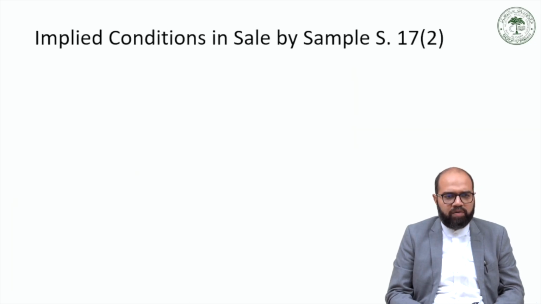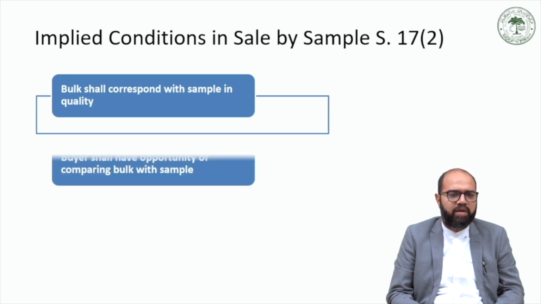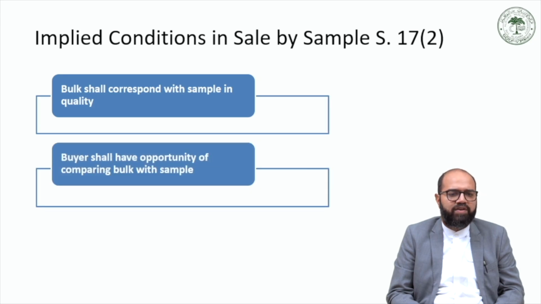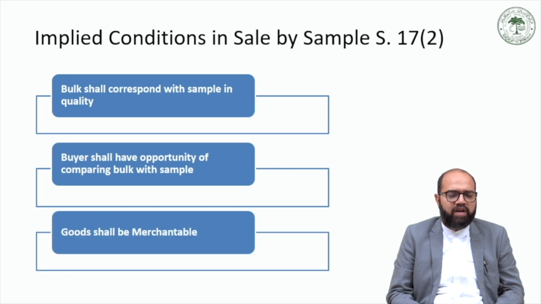To break down the language of section 17 clause 2, the first requirement of a sample is that the bulk shall correspond with the sample in quality. The second, the buyer shall have an opportunity of comparing the bulk with the sample. And third, the goods shall be of merchantable quality.